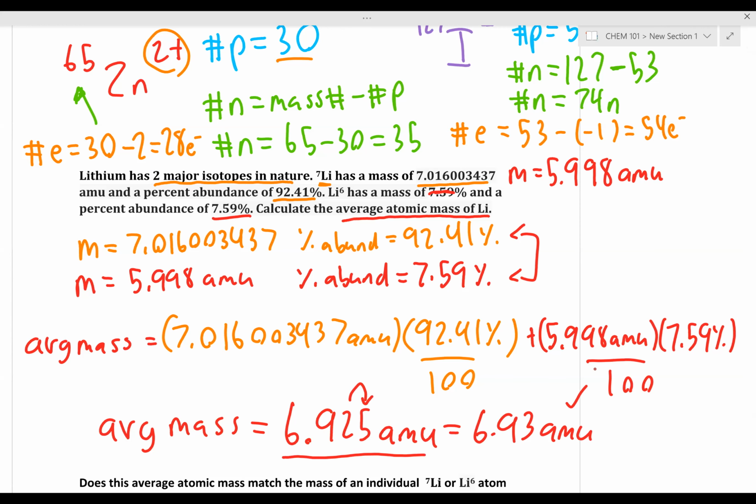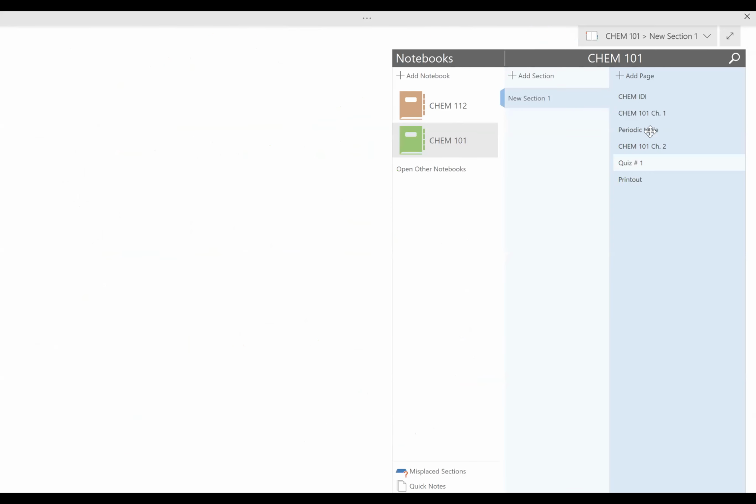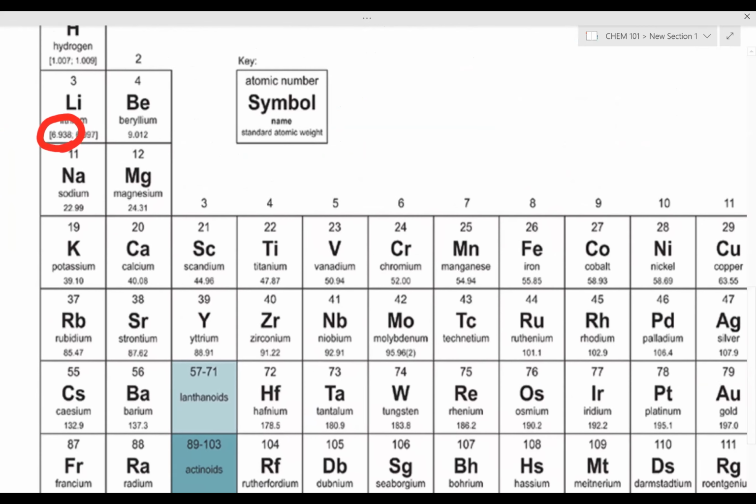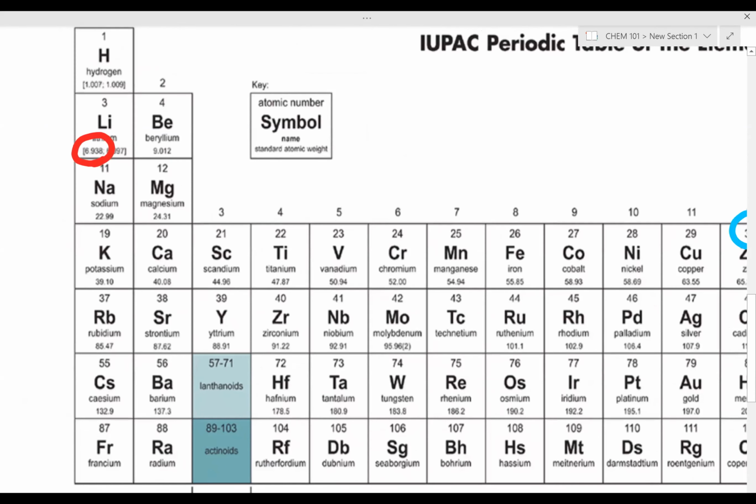You can actually check your work if you pay attention to the periodic table and you go and find lithium in the periodic table. And if we zoom in really closely, what do we see is the average atomic mass of lithium? About 6.94.